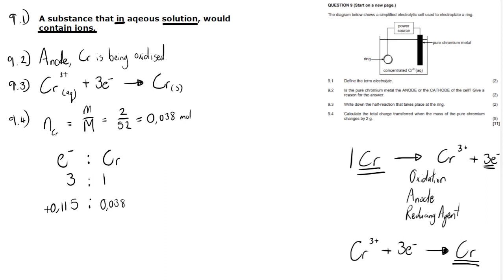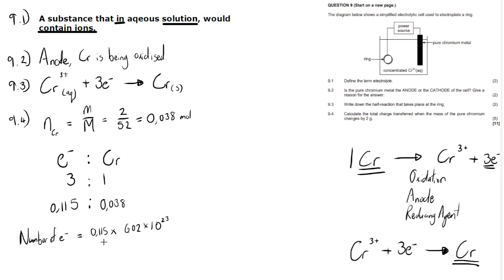But how do we know how many electrons we have now? Well, the number of electrons is going to be the number of moles times Avogadro's constant. And so this is the moles of electrons. And then now we can say the number of electrons will be equal to 0.115 multiplied by Avogadro's constant, which is 6.02 times 10 to the power of 23.